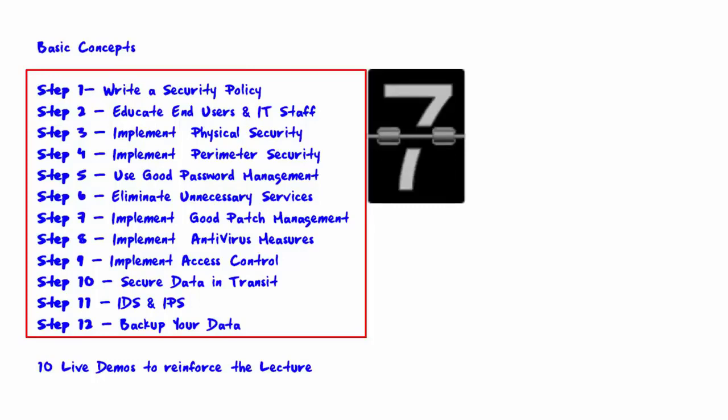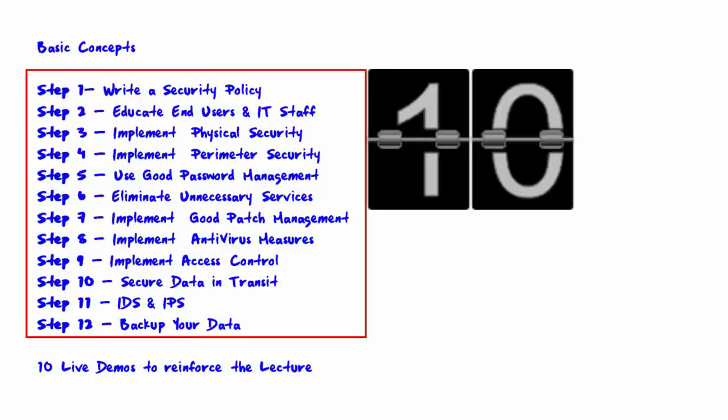Step 7, implement good patch management. Step 8, implement antivirus measures. Step 9, implement access control. Step 10, secure data in transit. Step 11, IDS and IPS. Step 12, back up your data.